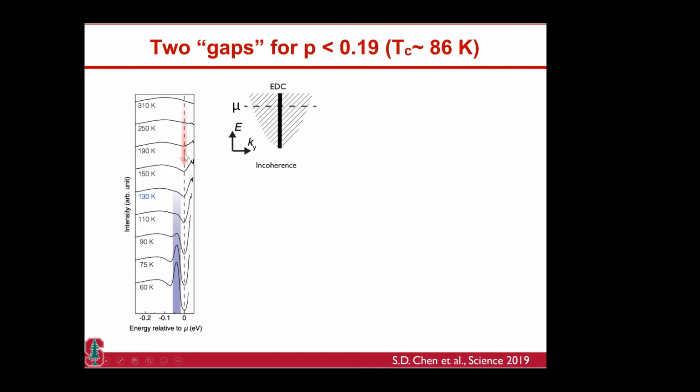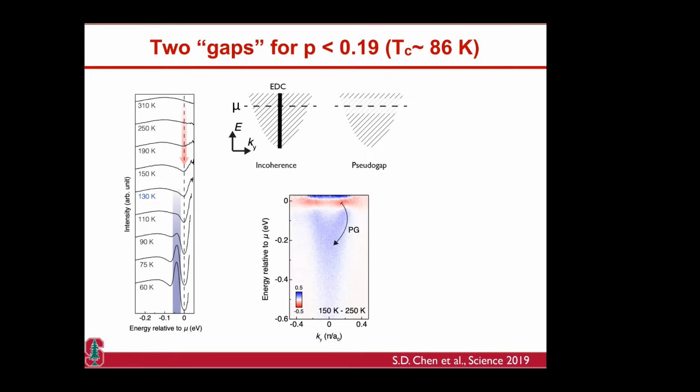One way to visualize that: at high temperature, make a difference curve between the spectra taking 150 and, let's say, 250. You find there's a spectral weight transfer from near the Fermi level to a very broad, high energy scale. So that's the difference curve of these two spectra.